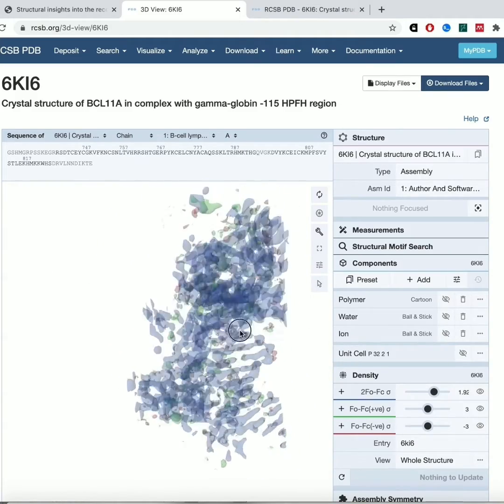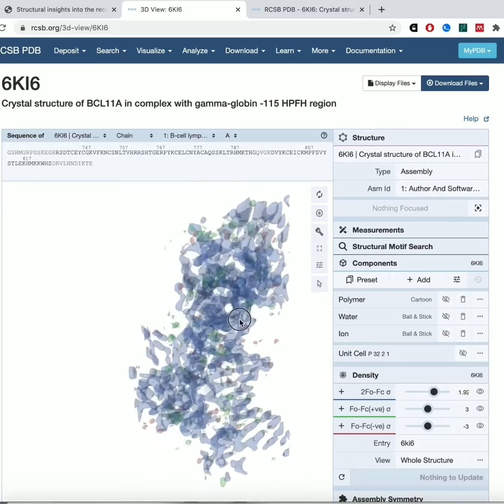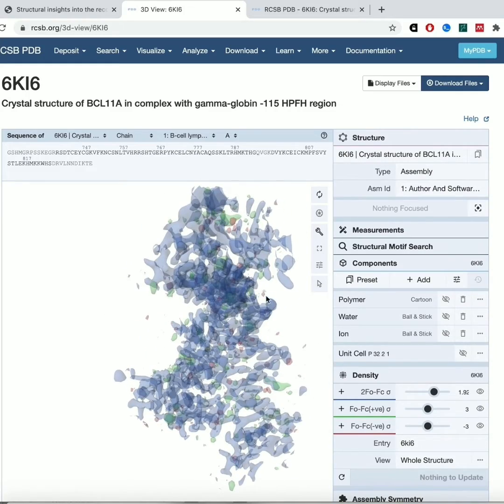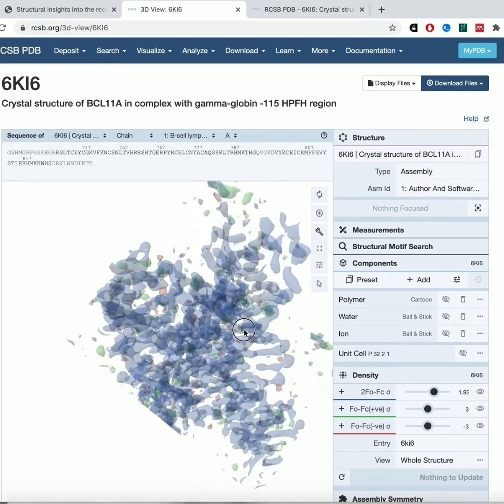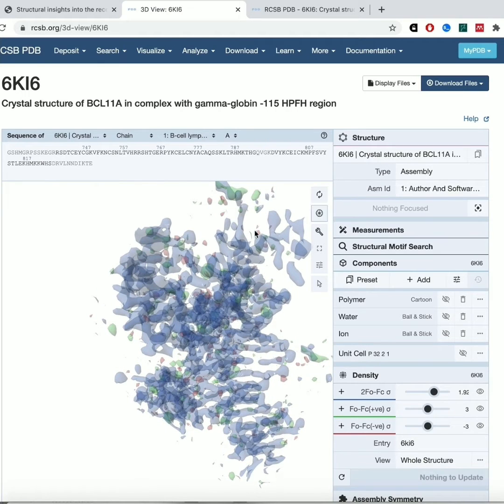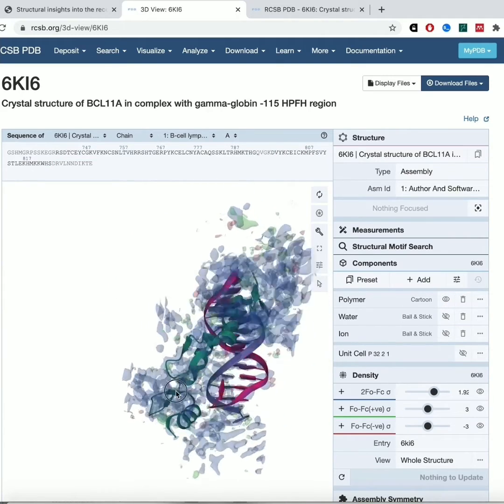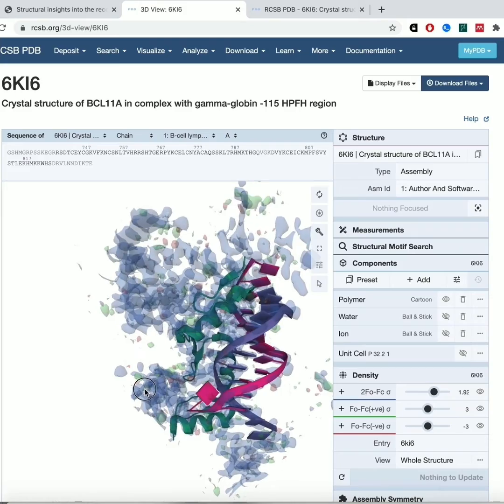And if we look at this now, knowing what the structure is, you can see the DNA and that sort of thing. With the help of software and knowing what the sequence is, you can build in the model. Nowadays software will help you do it, and you can see that it fits nicely in here.